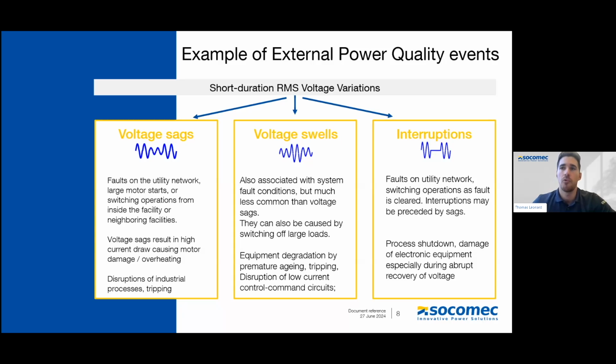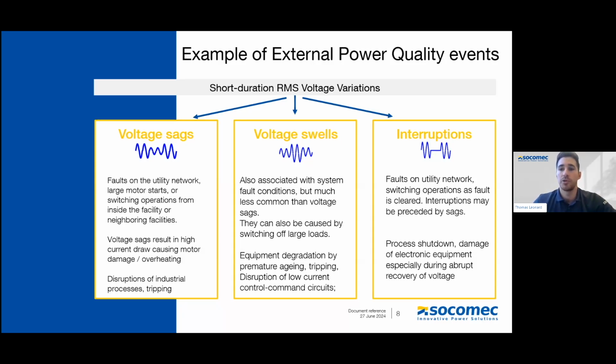As I said before, the interruptions will usually be preceded by a sag, depending on the duration. And again, they can cause process shutdown, damage of electronic equipment, especially when voltage is interrupted and then there's an abrupt recovery of voltage. So those need to be monitored, documented.